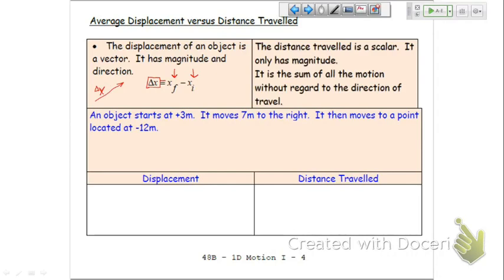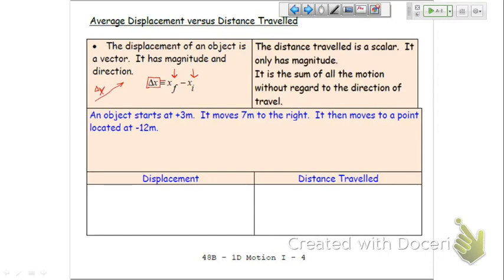Temperature has no direction. I can say my temperature is going up in that direction, but that's a temperature gradient. I don't say 28 degrees C in that direction. I might say a difference of 28 degrees C. I might say 28 degrees C more in that direction. But I don't just say 28 degrees C in a given direction.